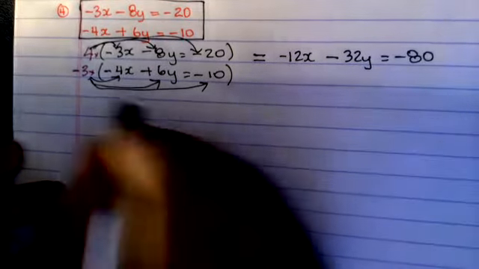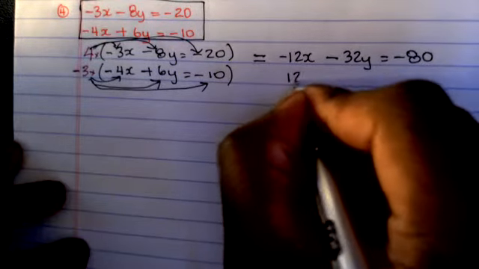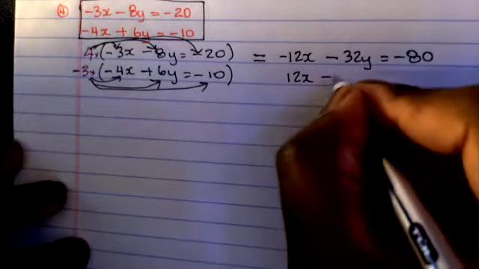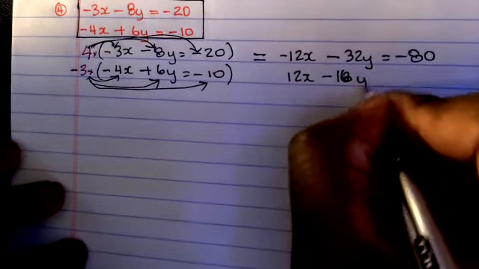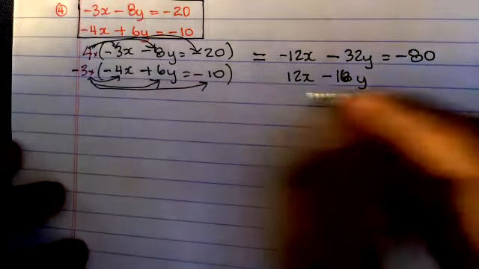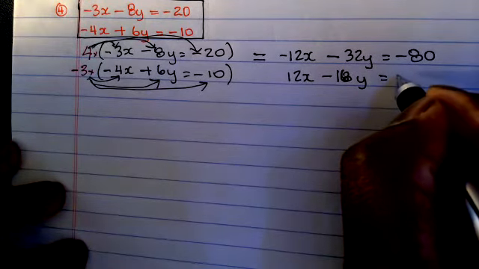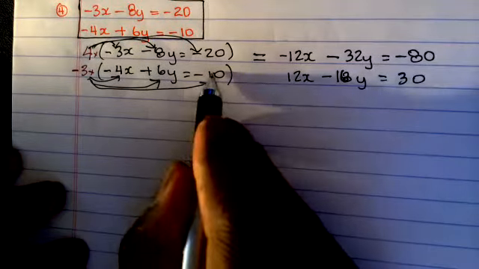And then here, negative times a negative is a positive, so we've got positive 12x, and then minus 18y. 6 times 3 is 18, equal to negative 10 times negative 3, which is positive 30, because negative times a negative.